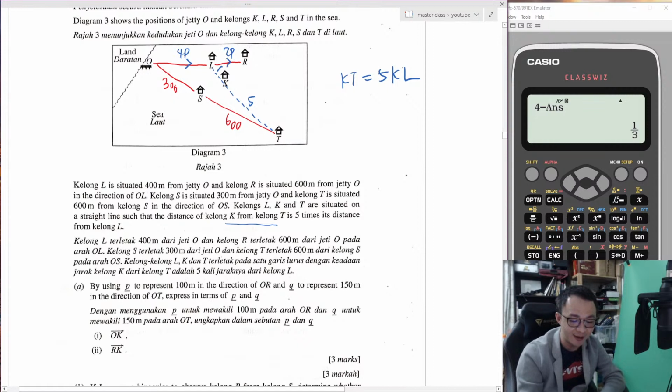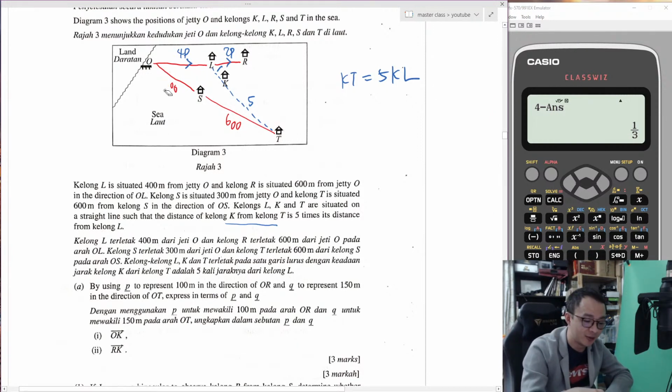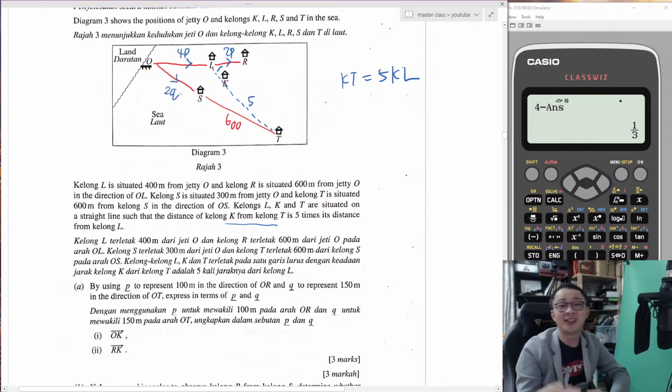And q represents 100 meters in the direction of OT. So 150 meters will be represented by q. So 300 is double of 150, right? So this one becomes 2q. 600 is 4 multiplied by 150, right? So it's 4q.